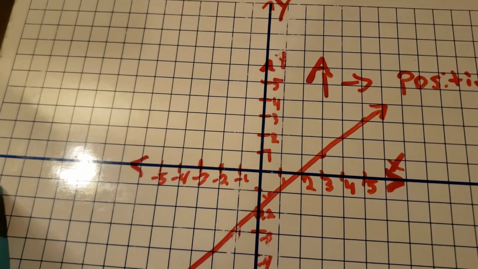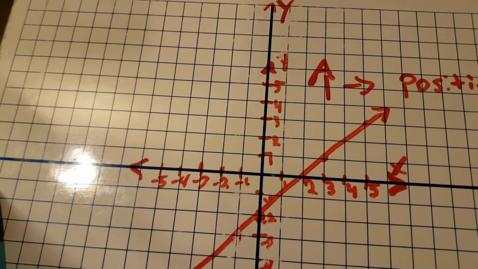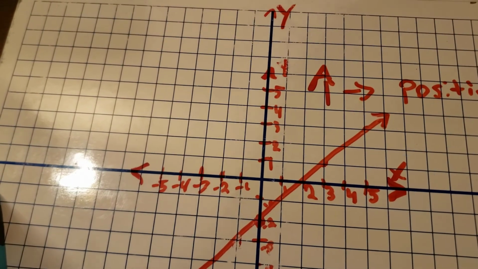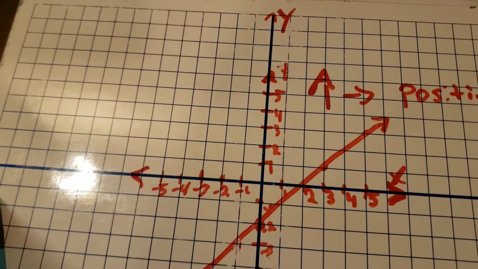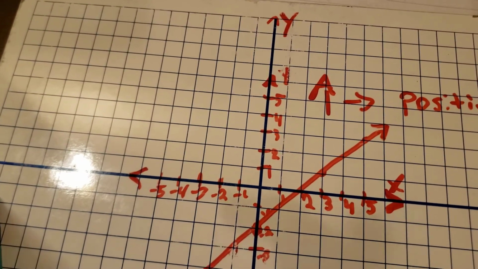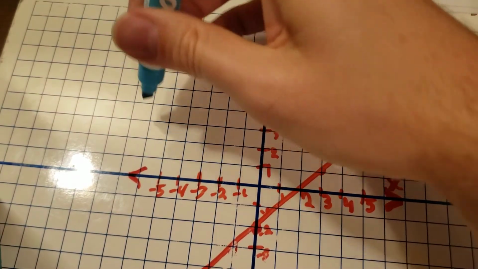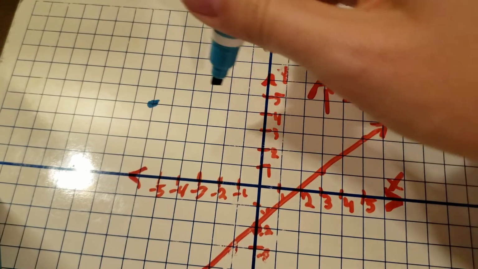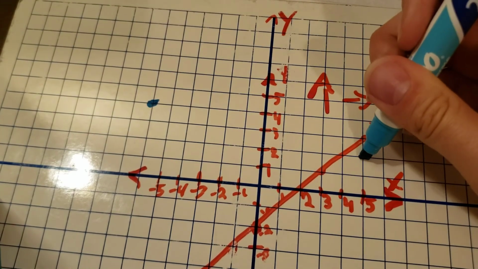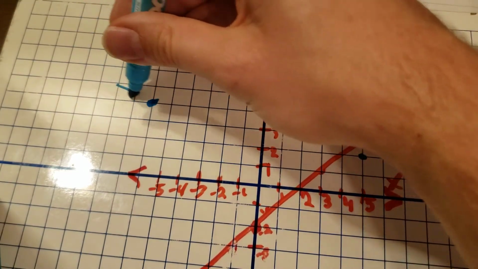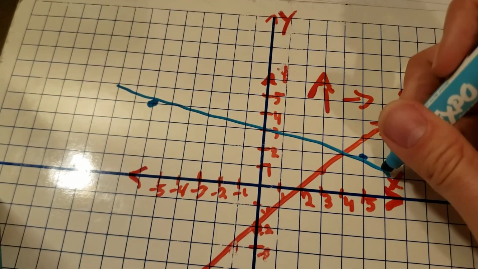Whereas, let me grab a different color. Whereas this one here, let me draw something like this over to here. So it's not very steep and dramatic.